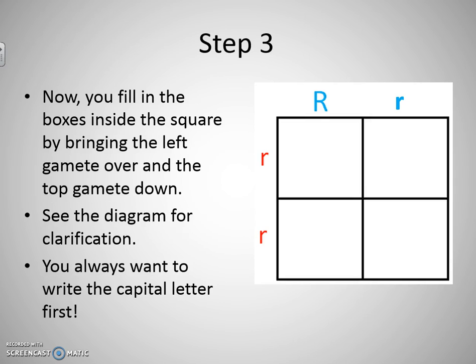So then we fill the boxes by bringing the left gametes over and the gametes at the top down, and of course we would get this result. Remember, if you have a heterozygous individual, you always want to write the capital letter or capital allele first.